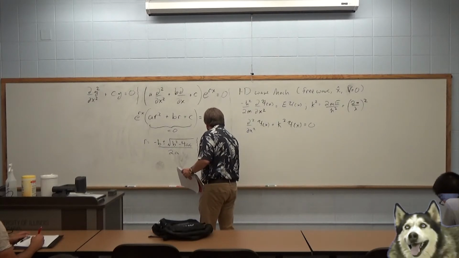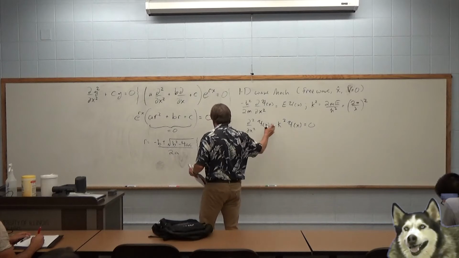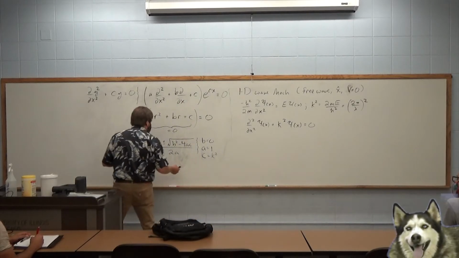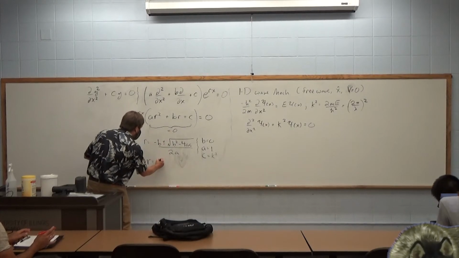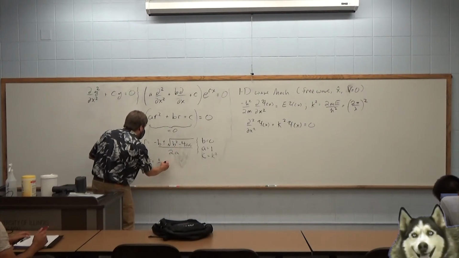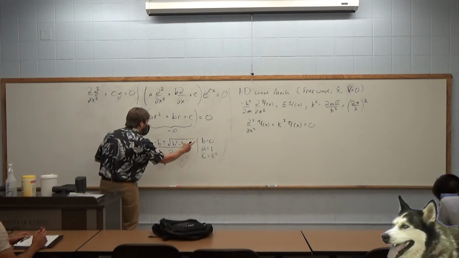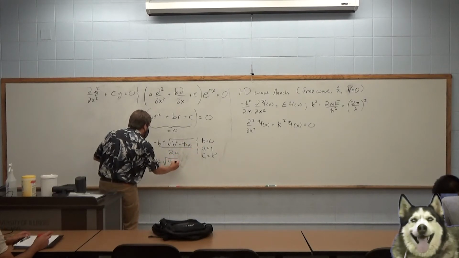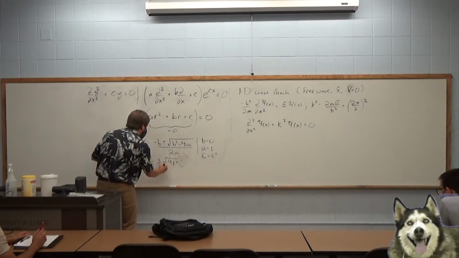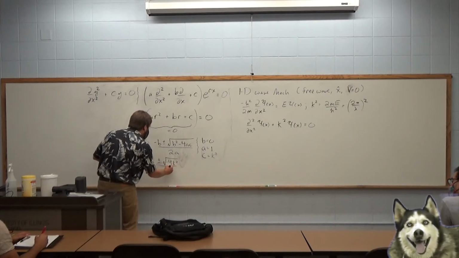Let's look at this guy. That's what we're really trying to solve, right? Now I can get back here. Okay, so R is 0 plus or minus the square root of 4ac, 4k squared, all over 2.